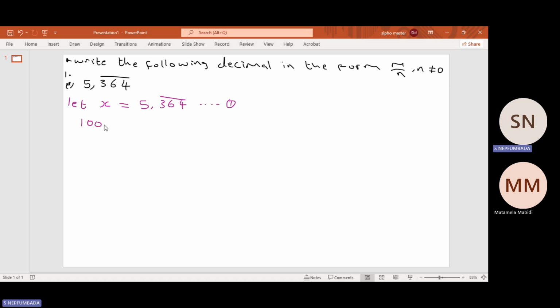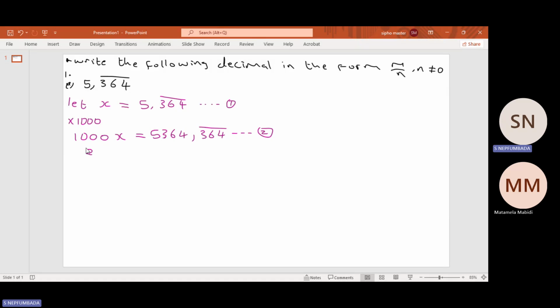Let me write it here, multiply by 1000. Then it means we're going to have 1000x equals, when we multiply by 1000, 5364.364 recurring. This is our equation 2.